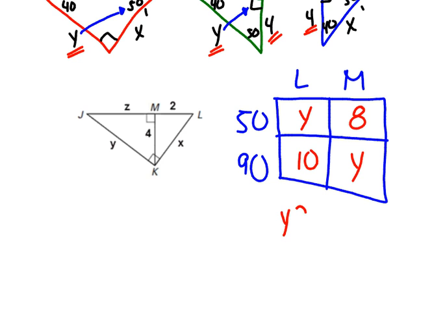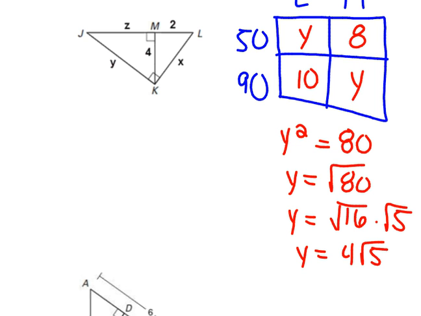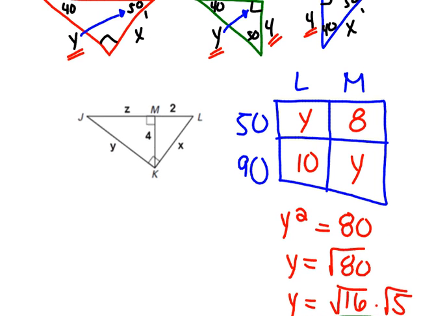So we get y squared equals 80. y equals the square root of 80. y equals the square root of 16 times the square root of 5. So that is our answer for y. Let's plug that value in wherever we can to make our diagram a little bit easier.